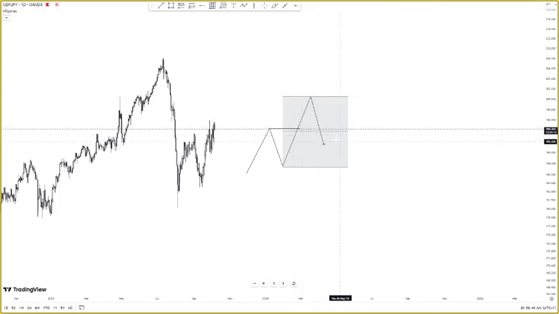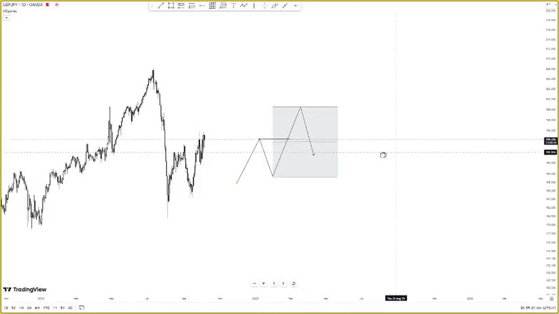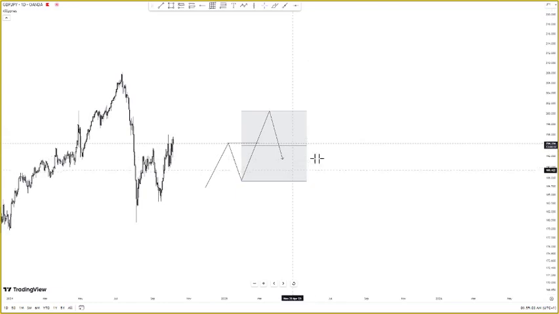And now, for me to know if this is a valid range, market must come to at least 50% of this range. So when market comes to the 50% of this range, that is when I should be looking for buys.